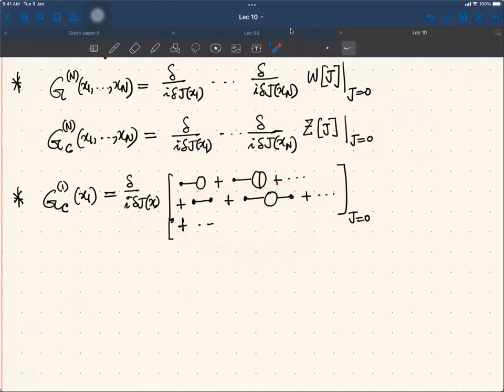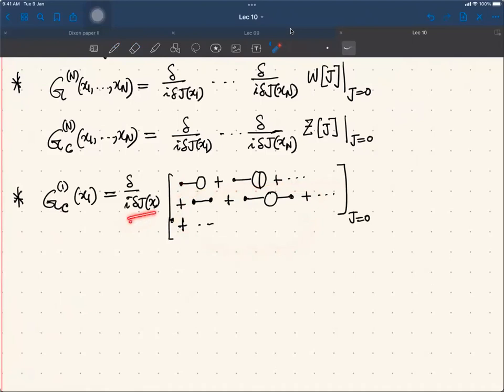When it acts on a particular term in the first line, if you remember the Feynman rule for the dot, it is a factor of i times j, where the j is integrated over the whole spacetime.